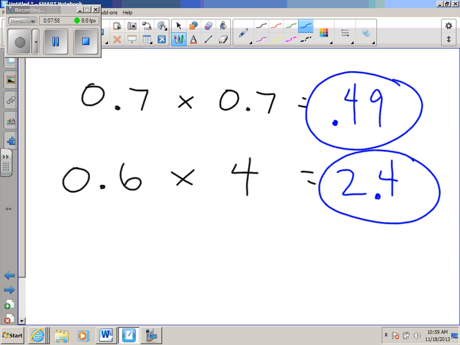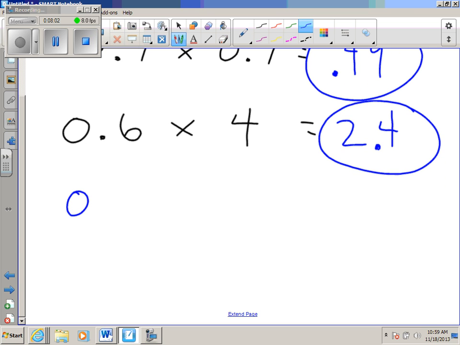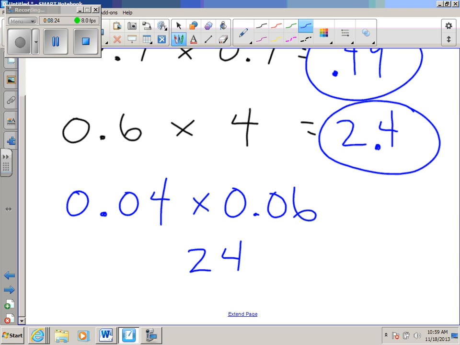Okay. And so if we were to say 0.04 times 0.06, what are the digits that we can actually multiply? 4 and 6. So Dekayla, that would be what? 24.